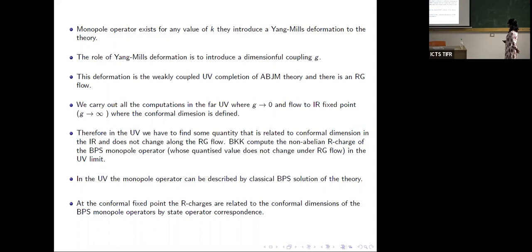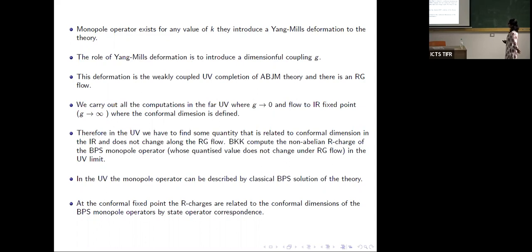The trick is we carry out all the computations in the far UV, where the coupling g is very small, and then flow to the IR fixed point where g is very large. The conformal dimension is of course defined at the conformal fixed point where g is very large.